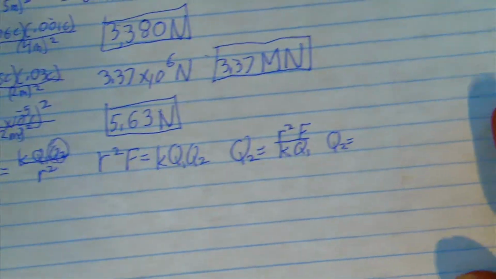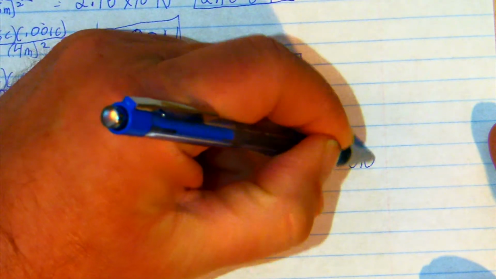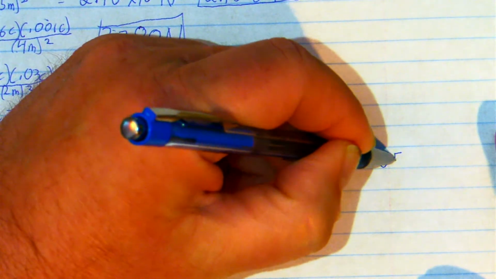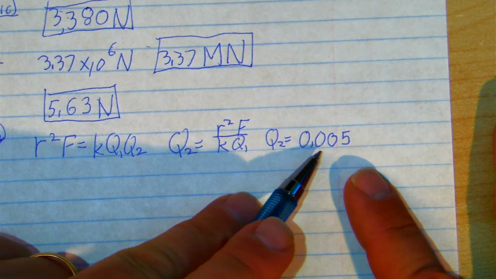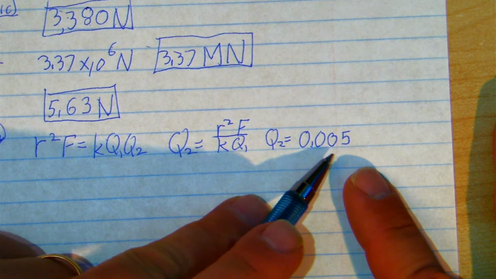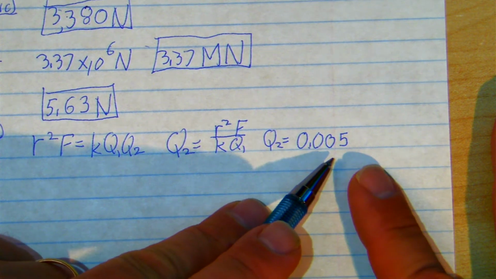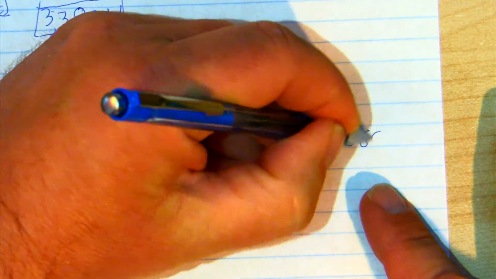And when you get done putting that into your calculator, it works out to be 0.0005. Now here's a thing. You students seem to think that the zeros count as sig figs, but they're just placeholders. Right now, I've only listed this to one sig fig. So where's the second digit? Where's the third digit? Coulombs.